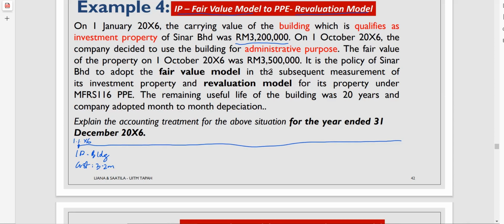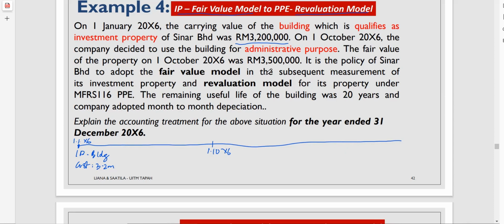Right. On 1st of October 2006, the company decided to use the building for admin purpose. So if you can see here, the beginning of the year was 1st of January, and somewhere here, which is on 1st of October during the current year X6, there is a transfer.